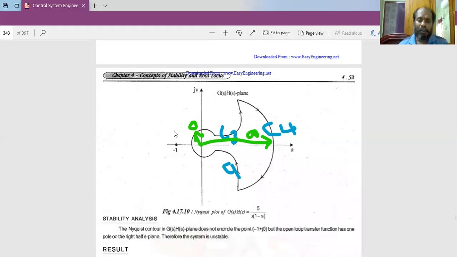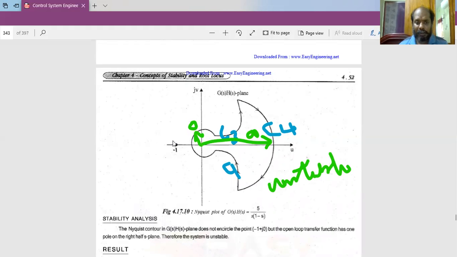Since you are having a pole in the right hand side of this plane and your Nyquist plot is not encircling that -1 plus j0 point once in anticlockwise direction, the system is unstable. The system is unstable. You are having a pole and the Nyquist plot is not encircling it.